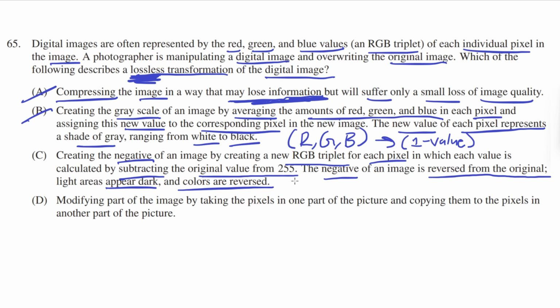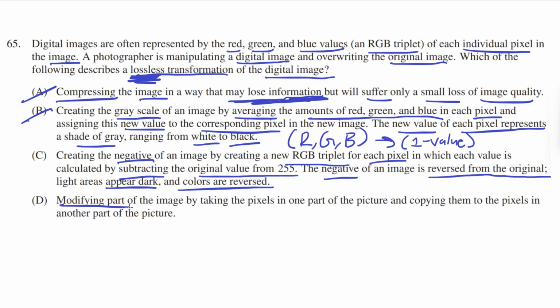So to get to the original, what we can do is subtract the new value from 255 because this transformation here is effectively creating the negative, and if we do the same process again, we'll restore the original. So C does represent a lossless transformation, but let's check D first.